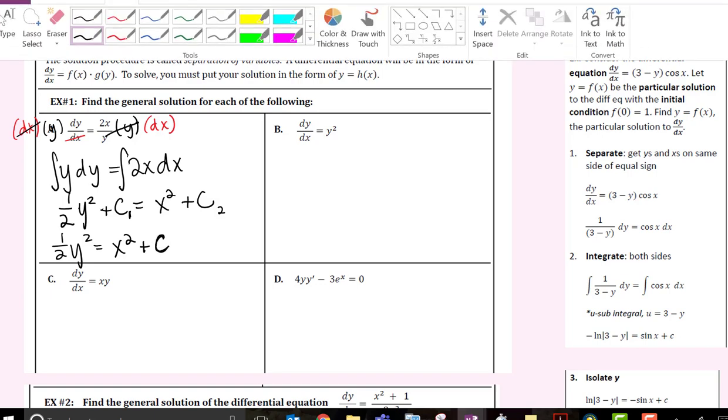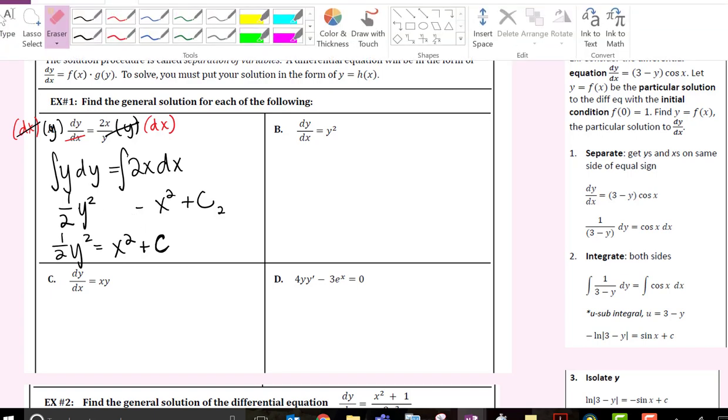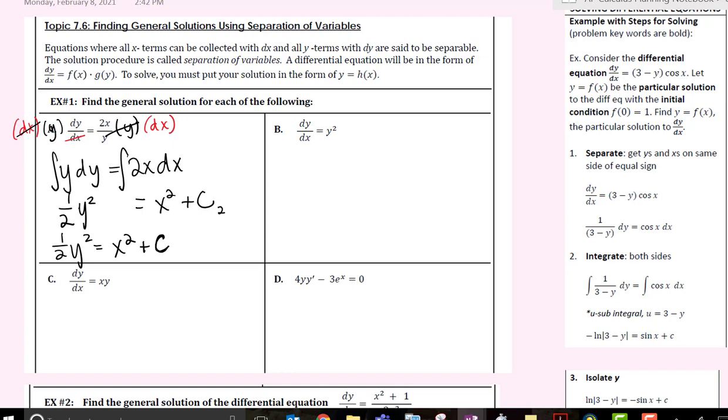The reason I show you this is you don't have to show c1 and c2, but I wanted you to see that when I am integrating both sides, there still is a constant of integration. I just know that it's eventually going to get combined. You don't have to name the constant of integration on that side because it will eventually get combined, but it's good practice to show that it actually does exist.